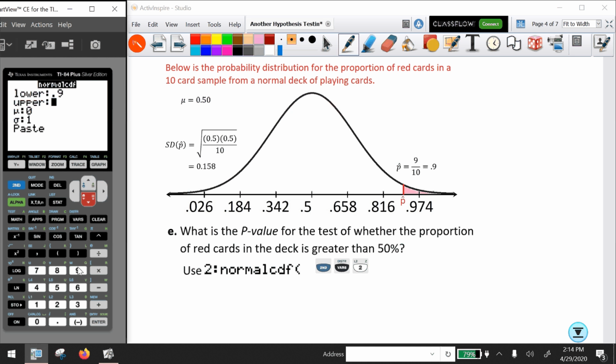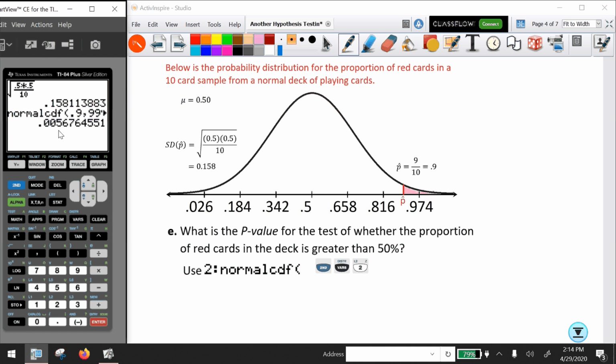So I'm just going to put in enough 9s there to pretty much give me infinity. The mean is our 50%, and the standard deviation was that 0.158. So what is the likelihood of obtaining a sample of 90% red cards and a sample size of 10 in a normal deck of cards or more? Let's see how unlikely that is.